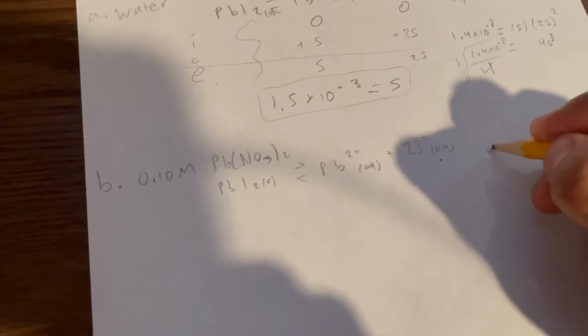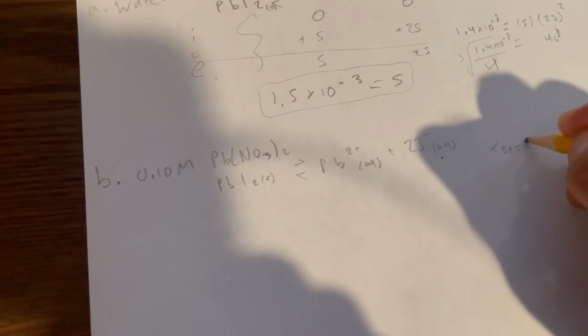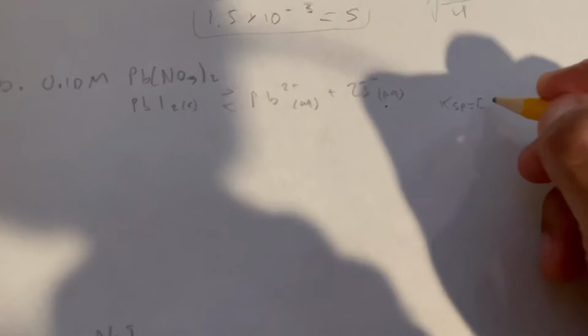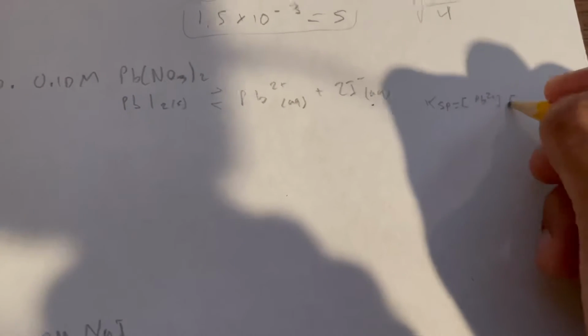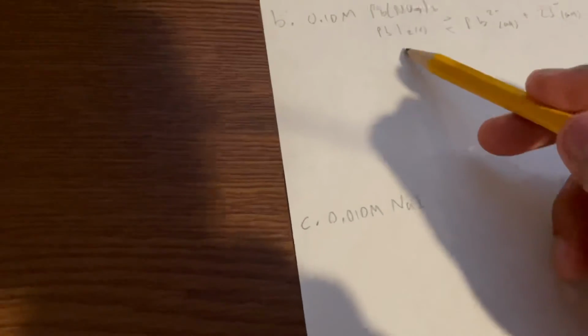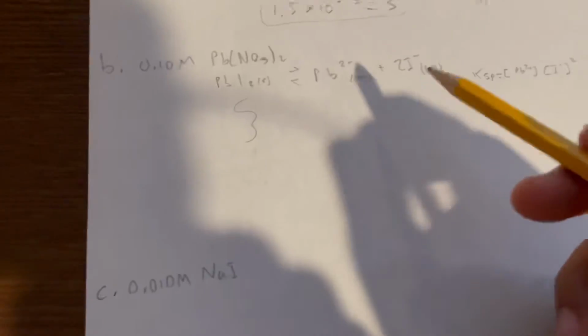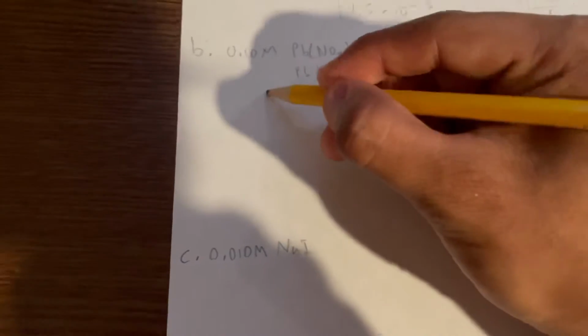All right, and the KSP is going to be the same throughout the whole question. So concentration of Pb2 plus times concentration of I minus squared. All right, and again, we don't look at solids, we only look at the aqueous over here. So now that we have this set up, let's do our ICE chart.